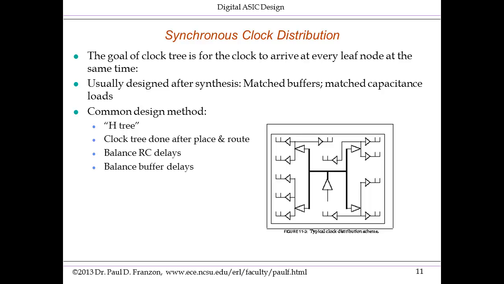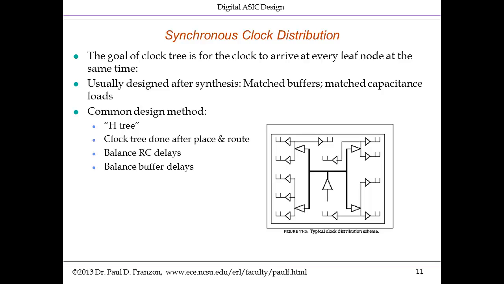So in addition to the logic and the flip-flops, we also have to distribute this clock that does this overall synchronization. Nominally, at least, the goal of the clock tree is for the clock to arrive at each and every flip-flop, that is, leaf nodes of the tree, simultaneously.